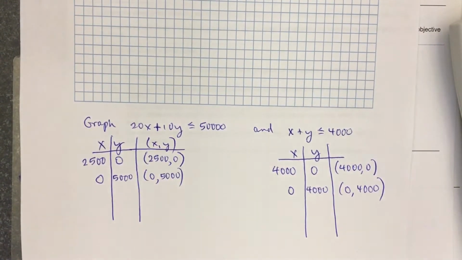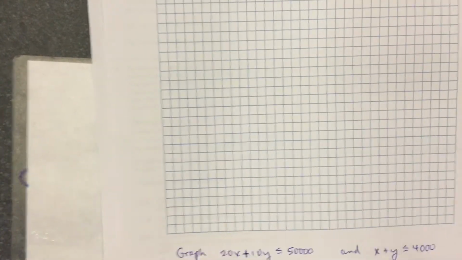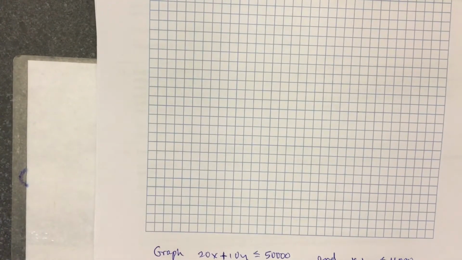As I'm looking at these numbers, I'm thinking in my head, I want to space it out on my graph, but I'm going to mark it by 500s. Let's put in the grid.